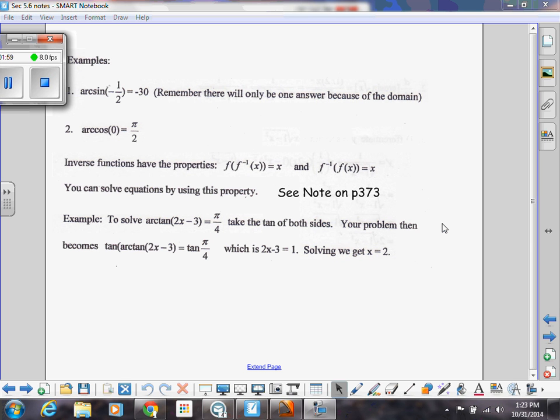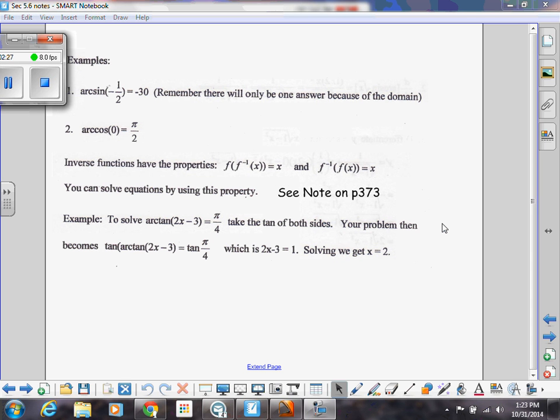Remember our range has to be between negative pi over 2 and pi over 2. So this should really be negative pi over 6, not negative 30, but we'll overlook that. Same thing with arccosine. What angle has a cosine value of 0? Pi over 2. Are we familiar with that? That coming back to us?